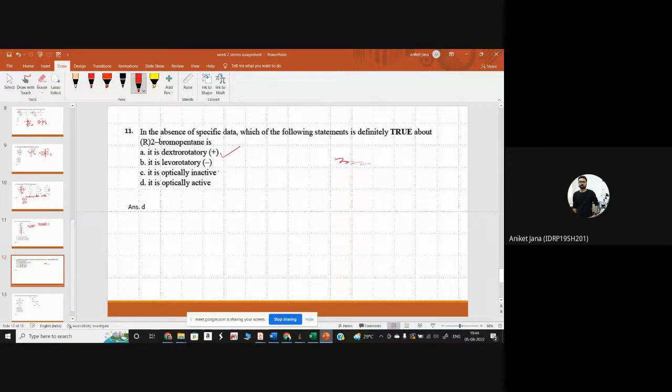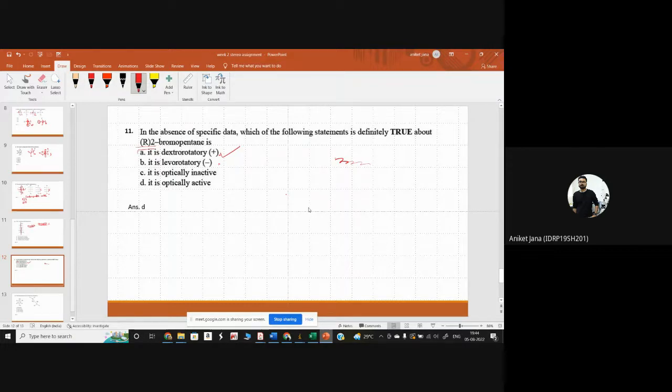Just by seeing whether it is R or S, we cannot say whether it is D or L. Why not? Because you cannot draw any kind of correlation. The nomenclature system is completely different.